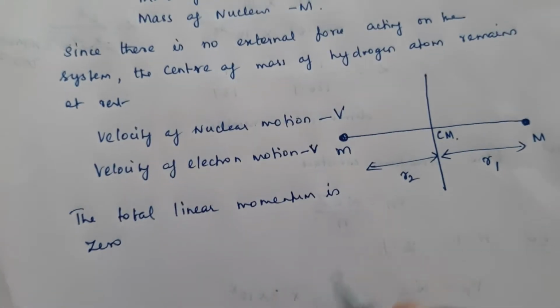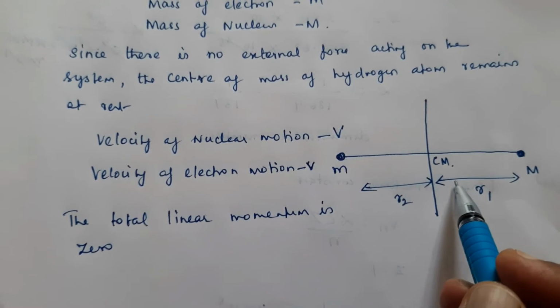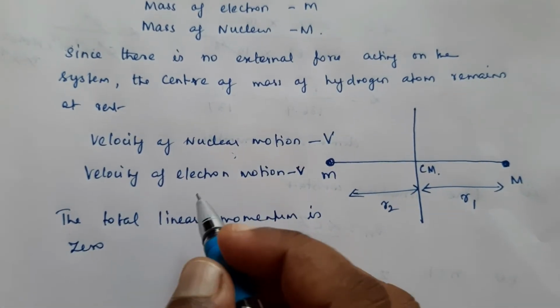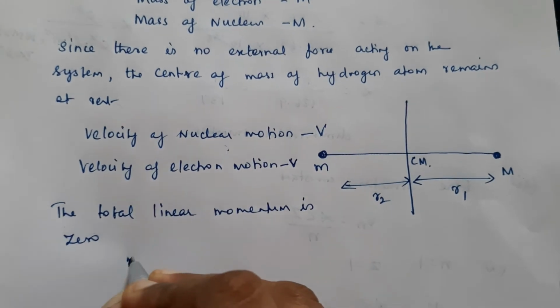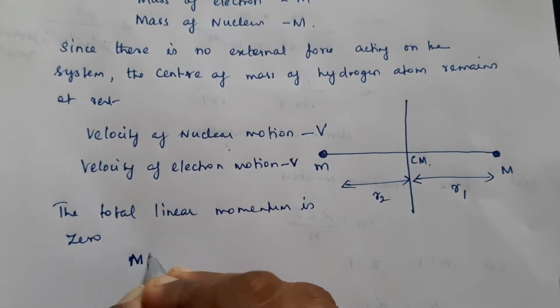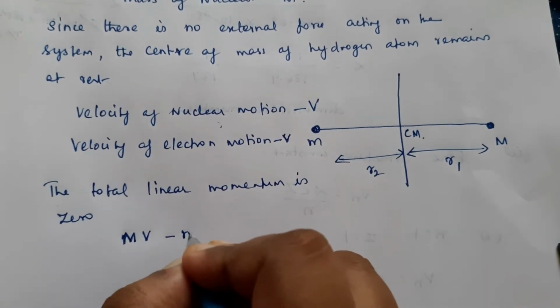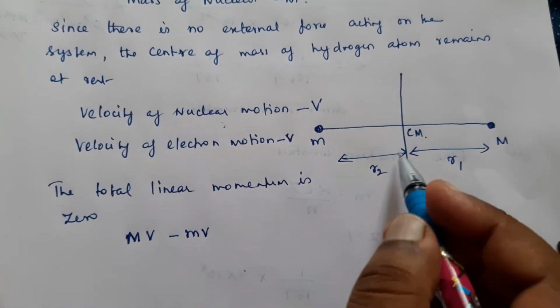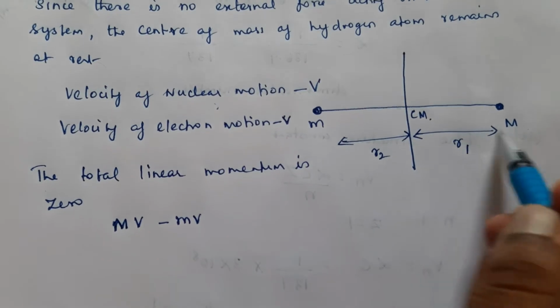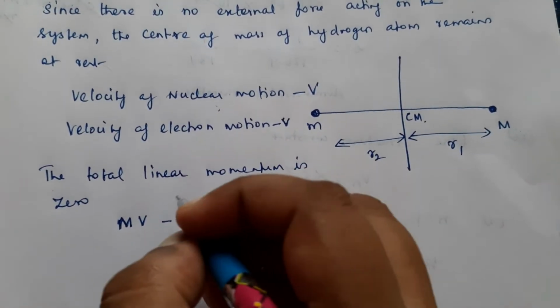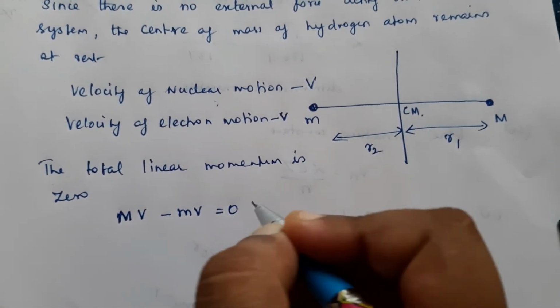So what is the momentum here? Capital M into V. Here it is minus small m into v, because it is in the negative direction. This is in the positive x direction, and this is in the negative x direction, which is equal to 0.